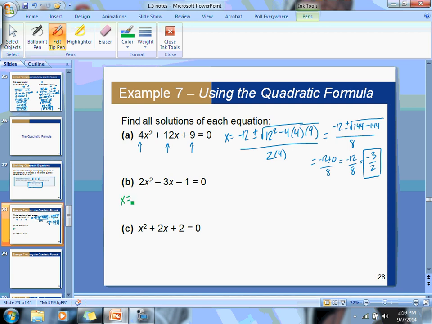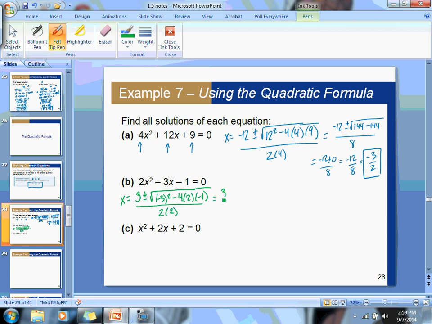So we have x equals opposite b, so that would be negative negative 3, so that's positive 3, plus or minus the square root of b squared minus 4 times a times c, all divided by 2a.